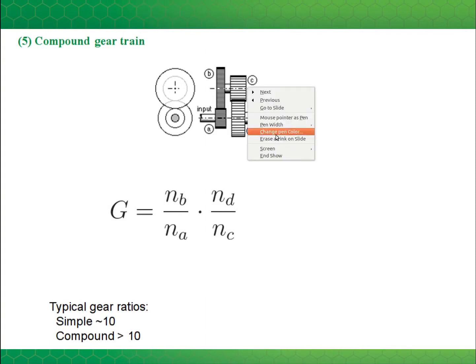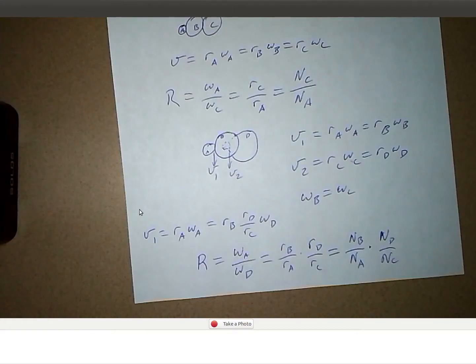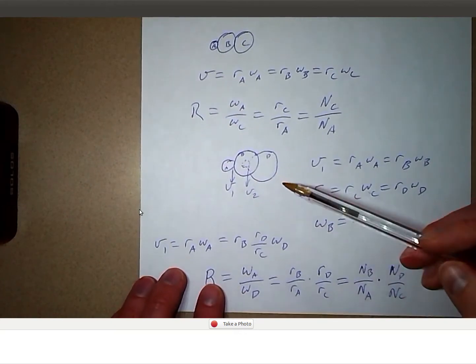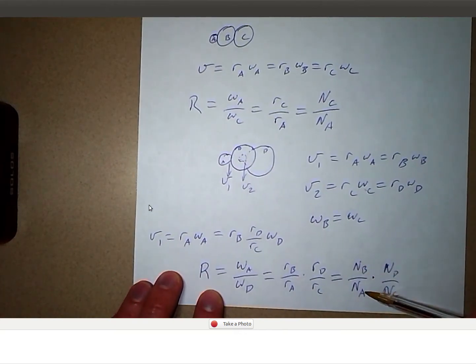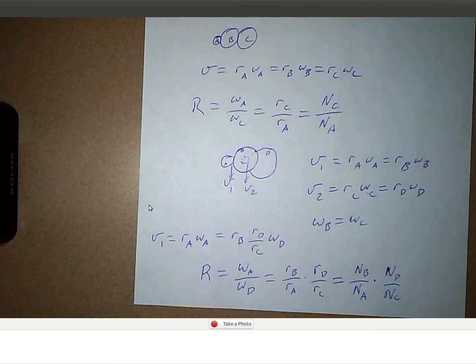Here I wrote it with a lowercase n instead of an uppercase N, and I called it G instead of R. Anyway, the gear ratio is number of teeth on B over teeth on A times teeth on D over teeth on C. And in the next video, we will look at the characteristics of different electric motors.